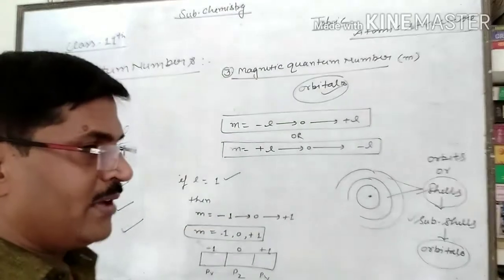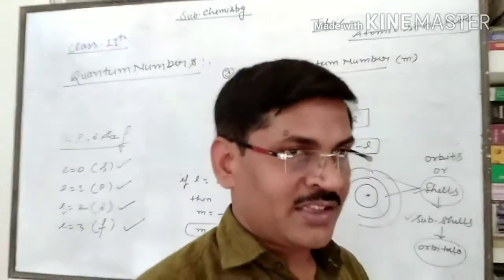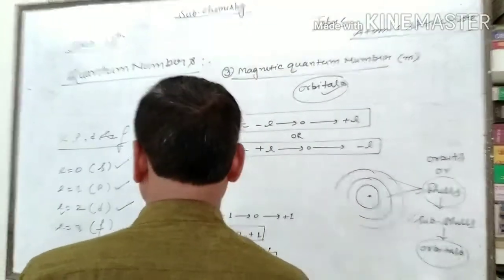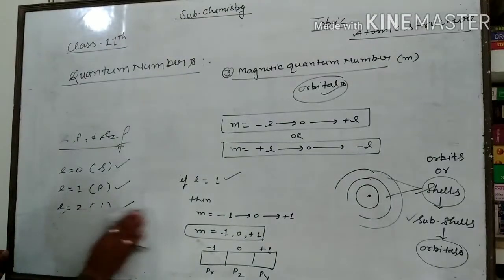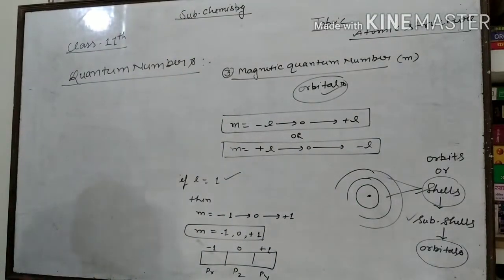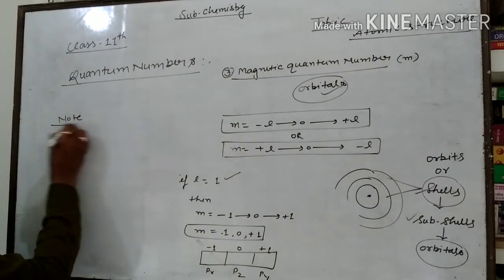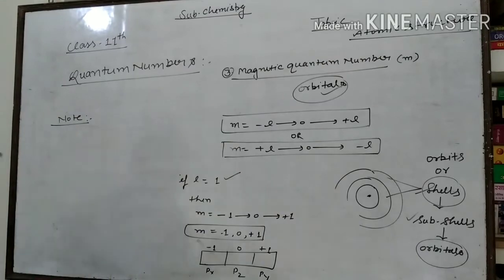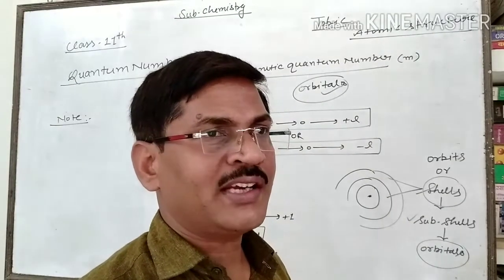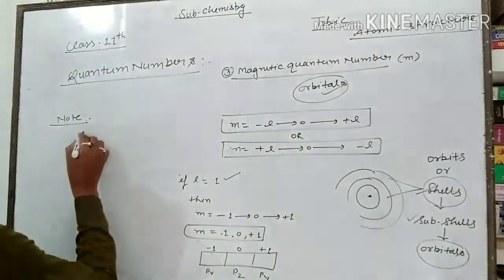In this way, you will be able to find the values of the magnetic quantum number. One very important thing about this quantum number, which you have to mention in your notes: the magnetic quantum number also represents the magnetic orientation of an electron.